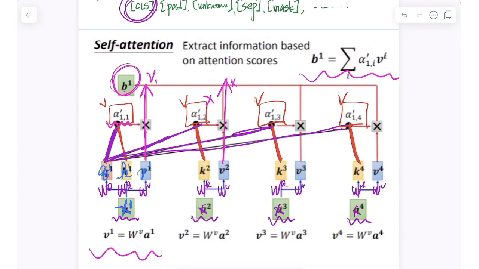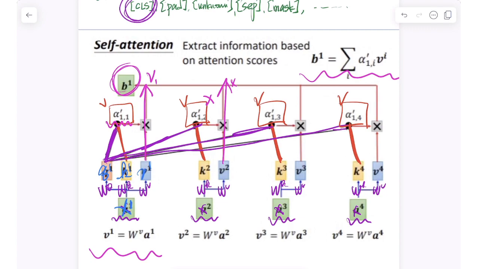Because in this case, we use X1 as the Q, right? So again, we can further use X2 as Q, and then X3 as Q, X4 as Q. For each and every input, they have a corresponding B value. So that is called self-attention.